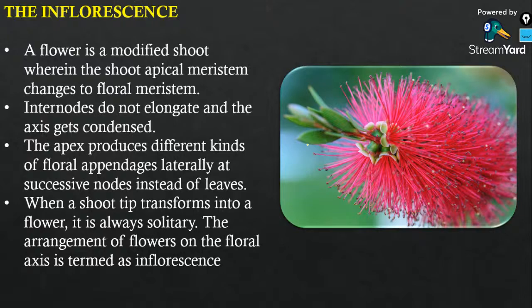Venation, Bhumi, is the arrangement of veins and veinlets in the leaf lamina. Understood the clear differences between phyllotaxy and venation. And inflorescence is the arrangement of flowers on the floral axis.